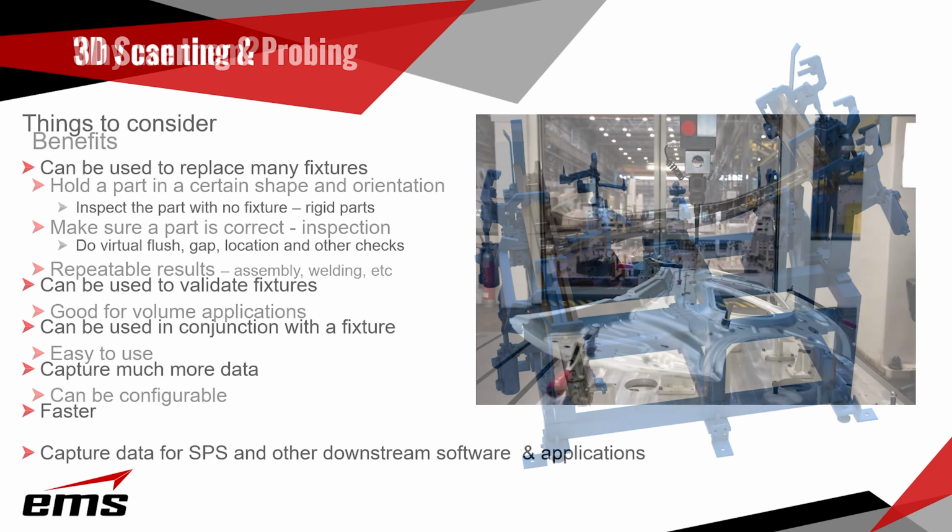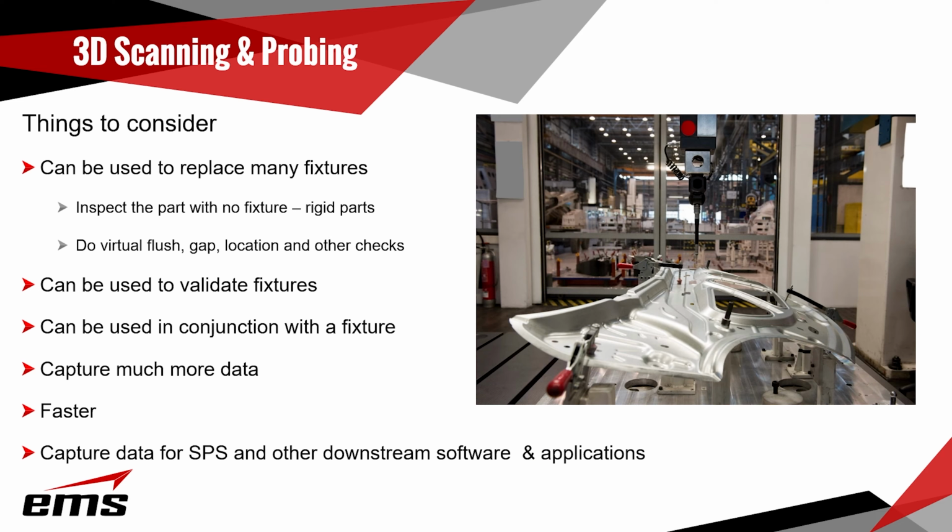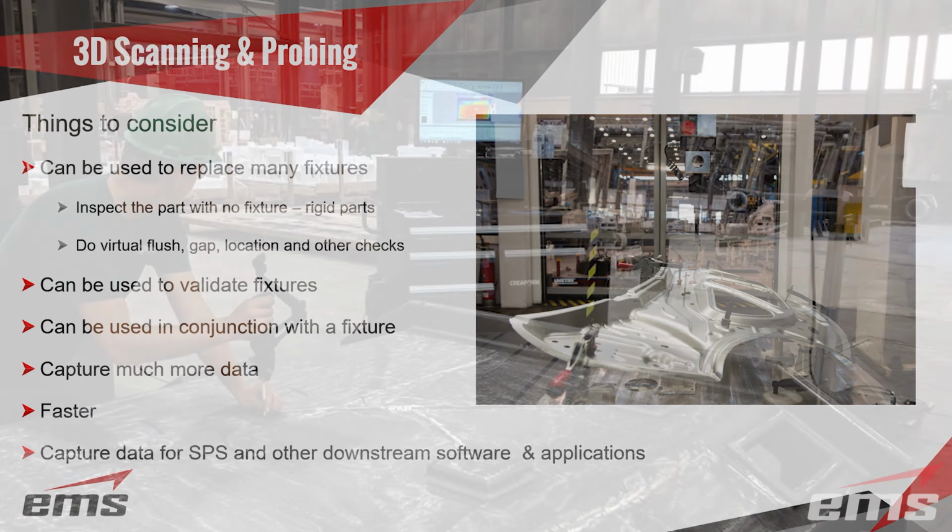So how does 3D scanning and probing fit into this? Well, 3D scanning or probing, and again, we'll use those words interchangeably, could be anything from a CMM like you see here to more of a shop floor probing system, which you'll see in a little bit, and then also 3D scanning. They can be used to replace many fixtures. A lot of parts can be inspected or measured without a fixture.